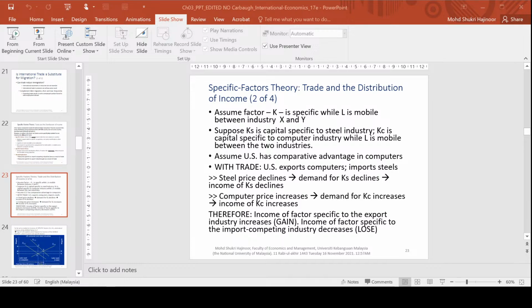Okay. Second case is here. D is not changing, but there's a shift in the supply of labor, the ratio of the supply of skilled to unskilled labor shifts to the left from S0 to S2.